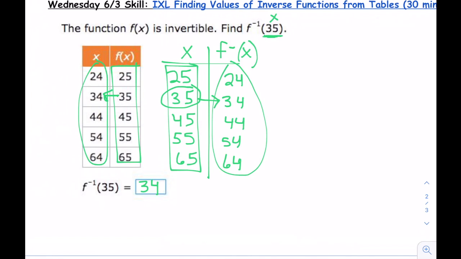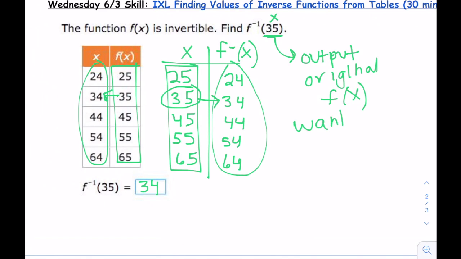So as you do more of these, you might not need to make an entire table for f inverse of x. You might find that this is just asking you for 35 as the output of the original f of x, and that it wants the input.